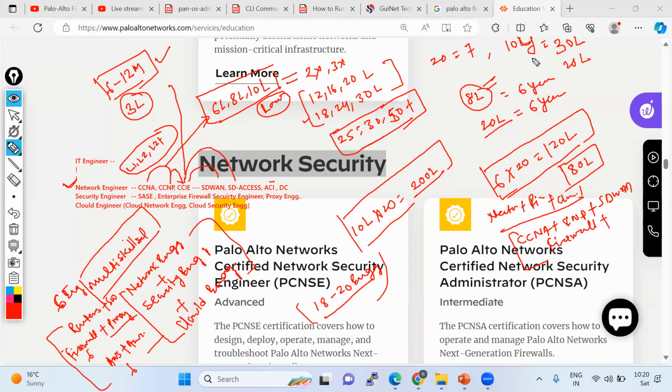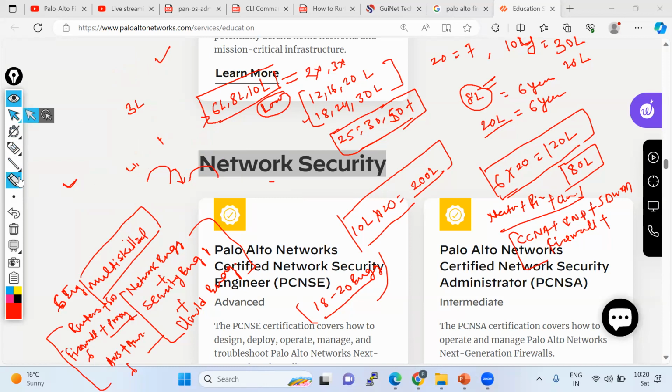So if your current CTC is 20 lakh and you crack another interview, the market range is a 30% hike you're going to get. So 6 lakh is going to be added to your current CTC, so your package is going to be 26 lakh. If you are at 10, it is going to be 13 lakhs, like that. So that's why, long story short.